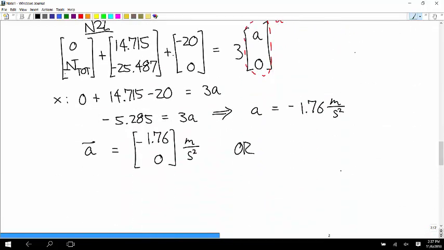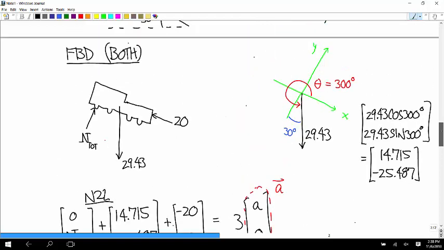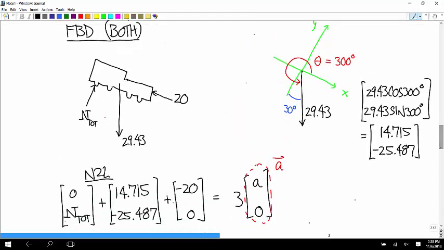And so you can think of this as going up the ramp with a magnitude 1.76 meters per second squared, because the positive x-axis is this way, and the force is in the negative x direction.